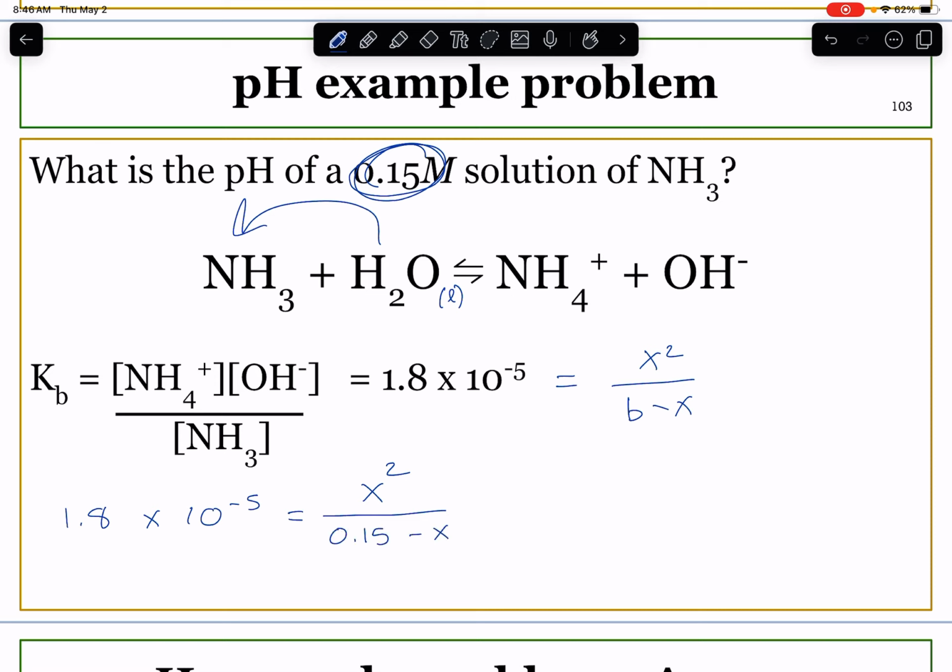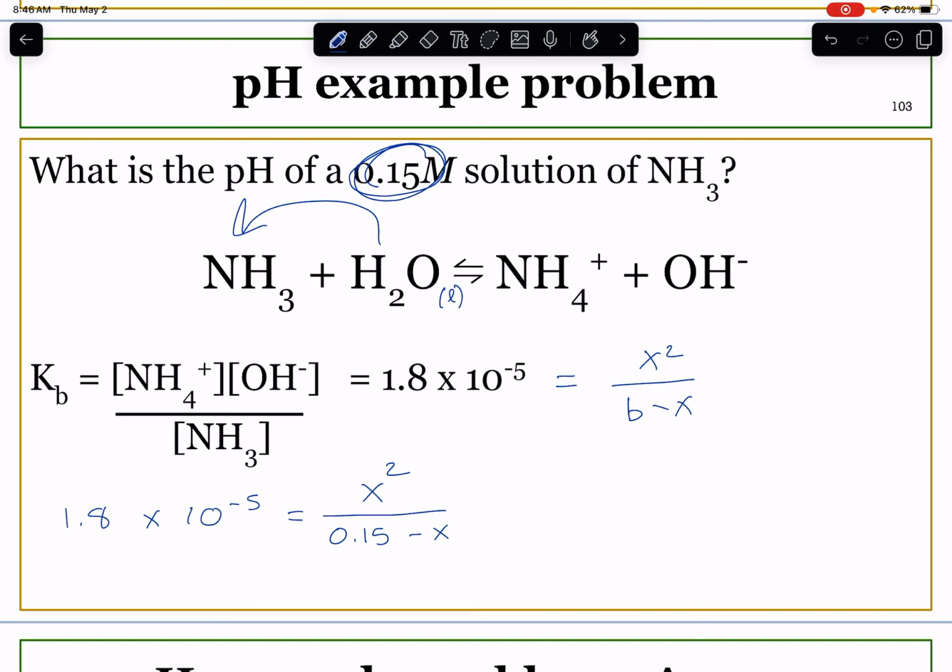Now, if we did not ignore the x in the denominator, we would have to use the quadratic equation in order to solve this. But in Honors Chem, as well as even on the AP Chem exam, we are not expected to use the quadratic equation, and this is because x is so small that 0.15 minus x is still just 0.15 when you round it to two significant figures.